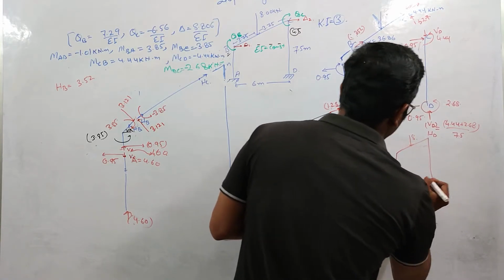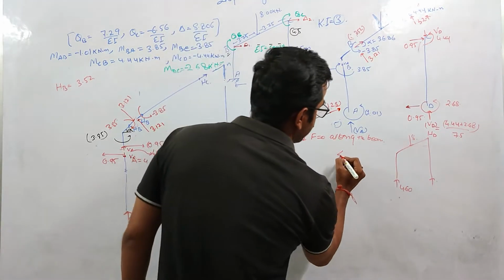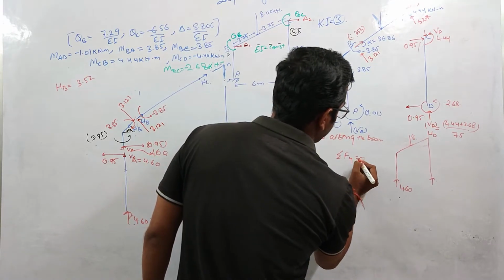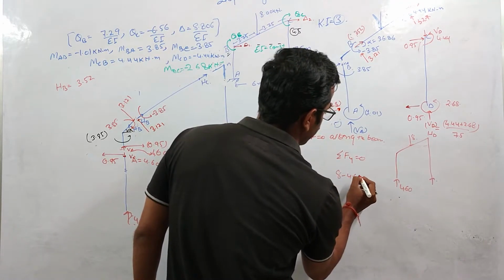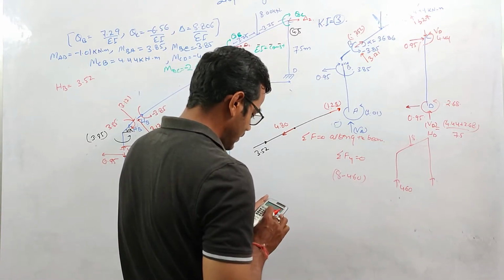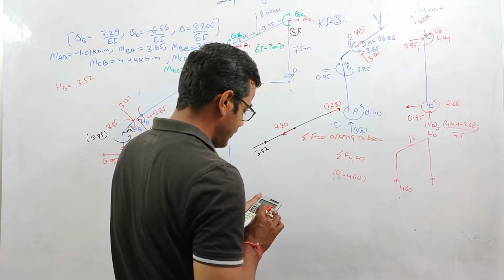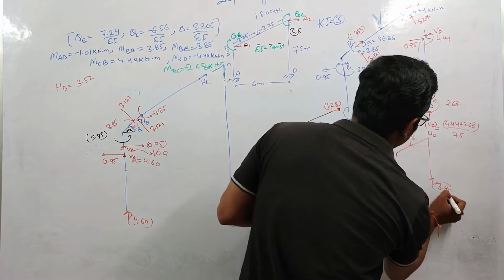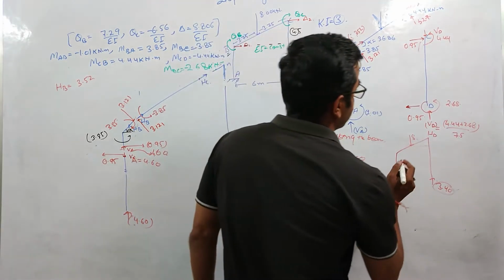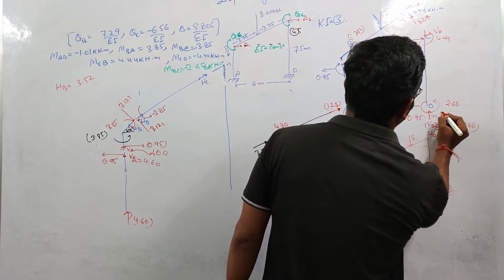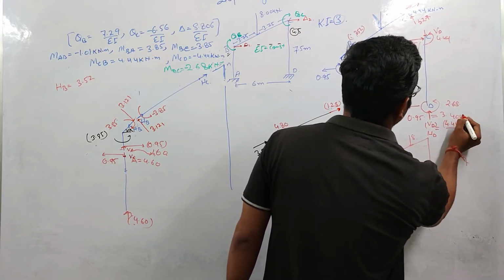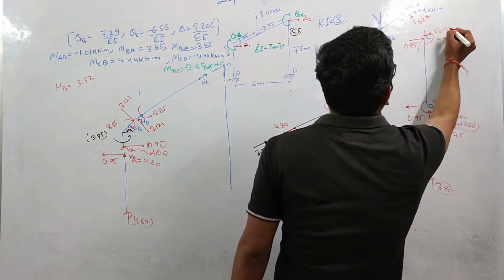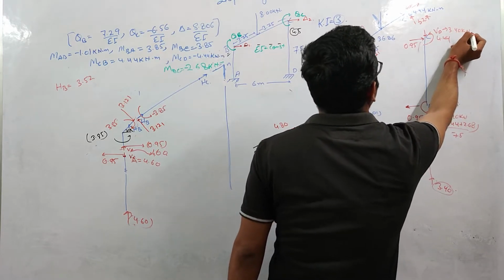So this reaction will be what? If we take summation Fy equals 0, so 8 minus 4.6, this value will be 3.4 kilonewton. Okay, so this value is 3.40 kilonewton, right?